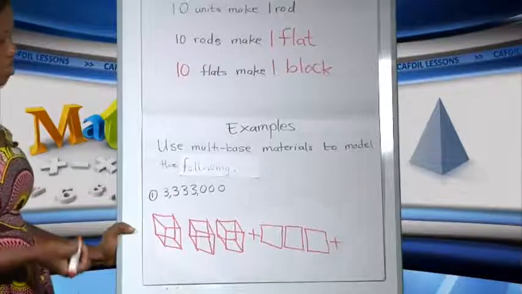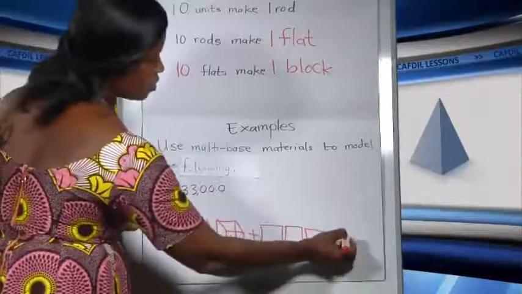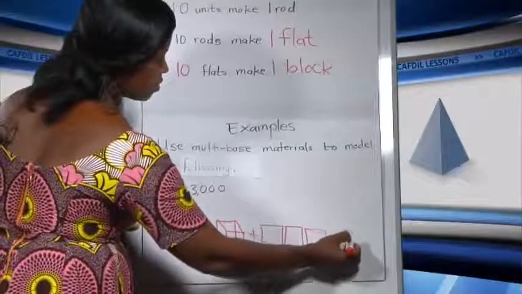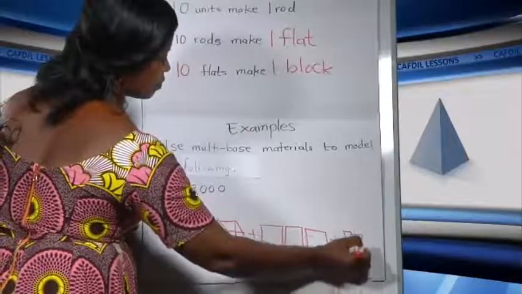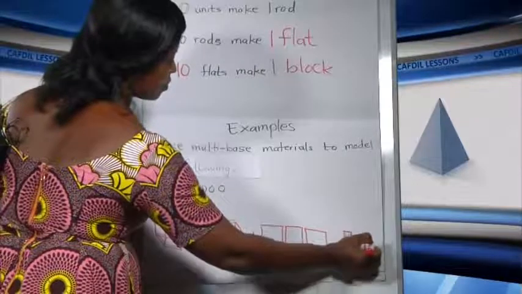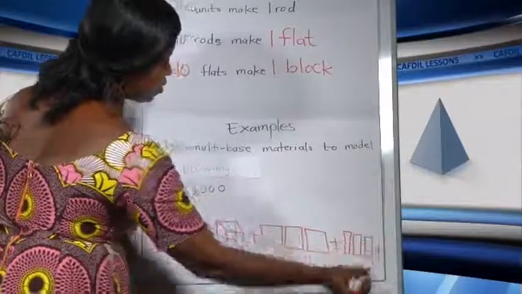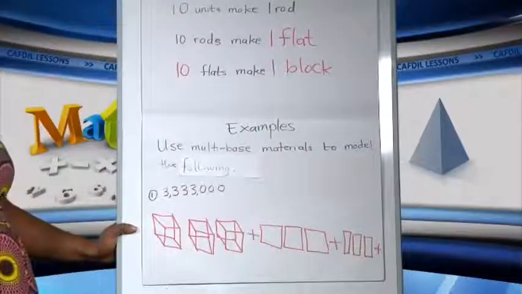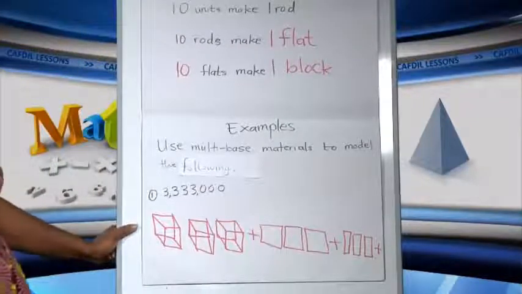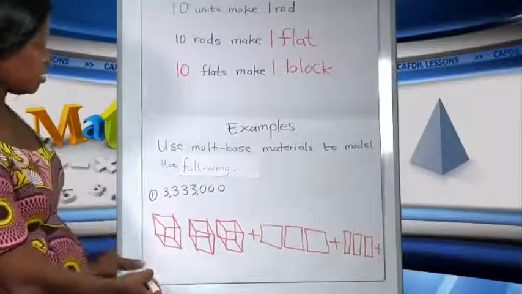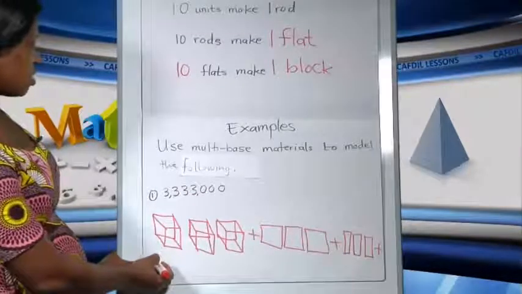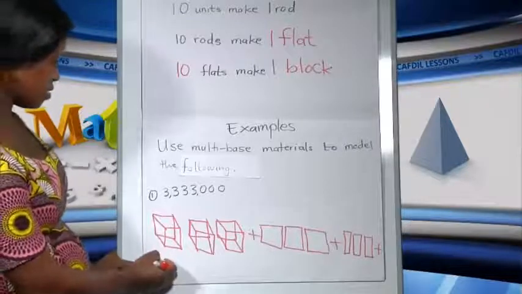So we have to draw 3 rods too. Plus, we are not done. We have to represent this one also, which is our units. So we are going to draw 3 of the units.